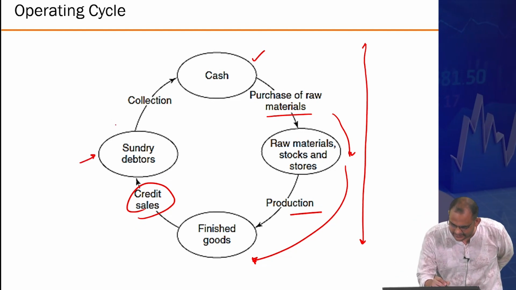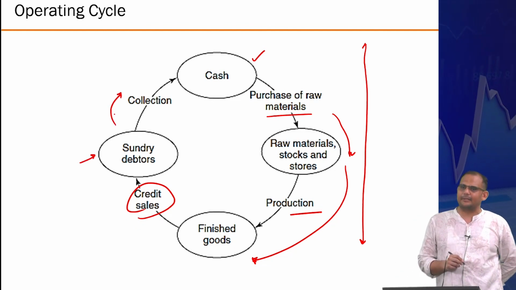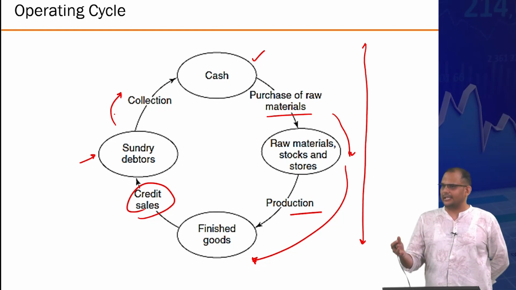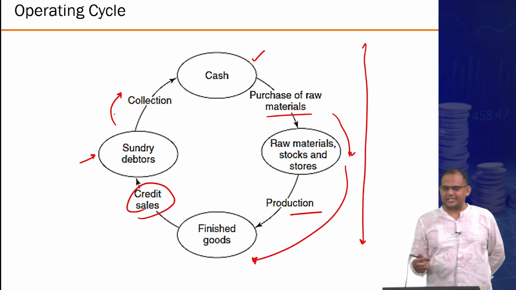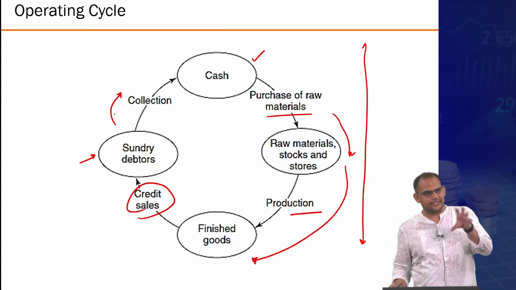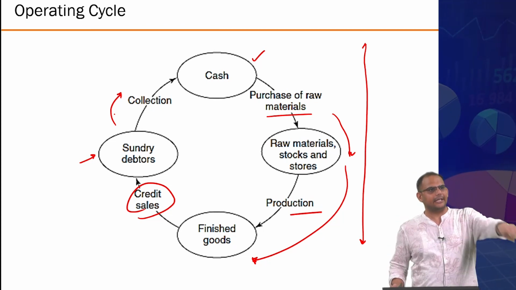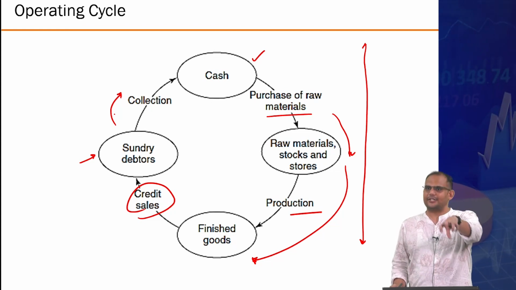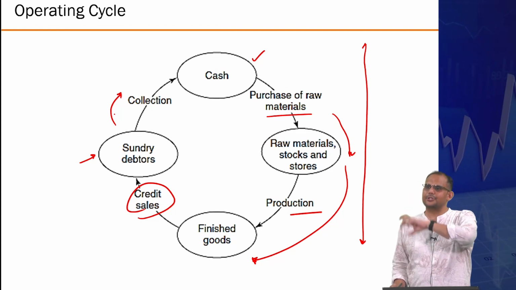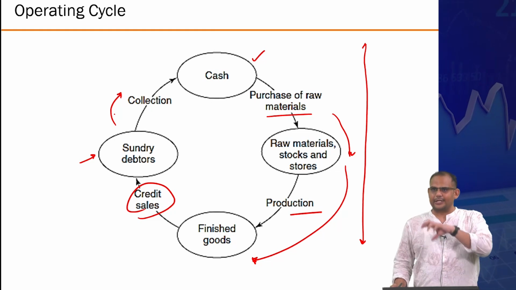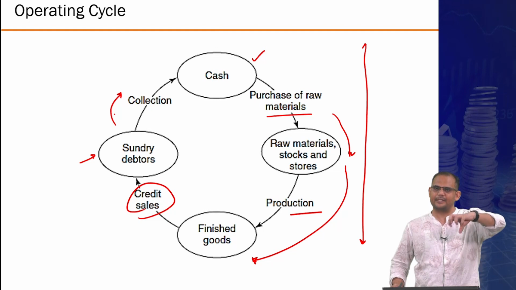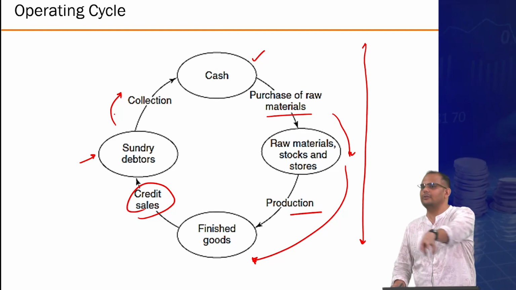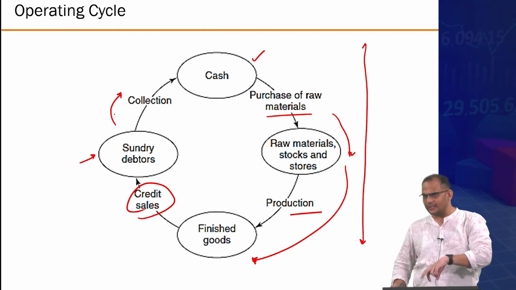This leads to debtors, and then once you start collecting the money, it replenishes your cash account and all those things, right? So essentially this operating cycle tells you the flow of money in your business. You need cash to buy raw materials, you use those raw materials to do the production, you produce to sell, and then collect the cash to replenish your cash account and keep the cycle on, right?